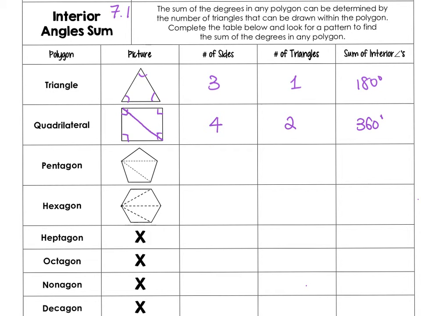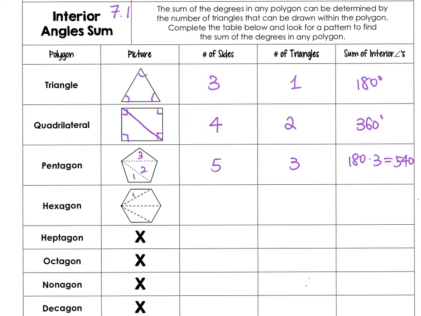Now, if I have a pentagon, I can cut that pentagon into three different triangles right here, 1, 2, 3. A pentagon has 5 sides, and now I have 3 triangles. Each triangle's interior angles add up to 180, so that becomes 180 times 3, and I would have 540.